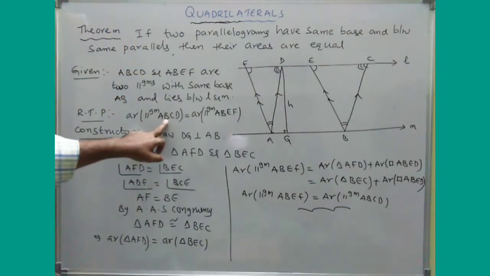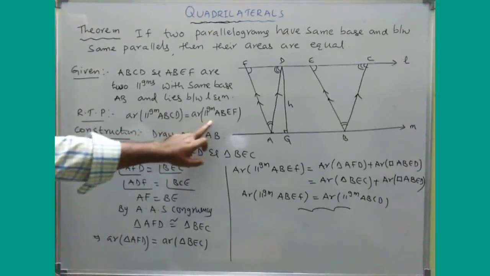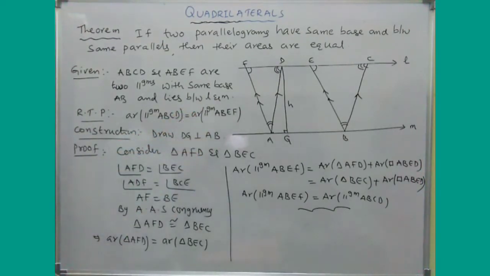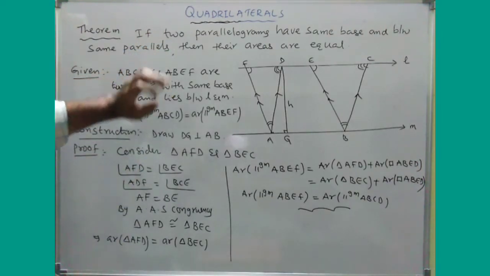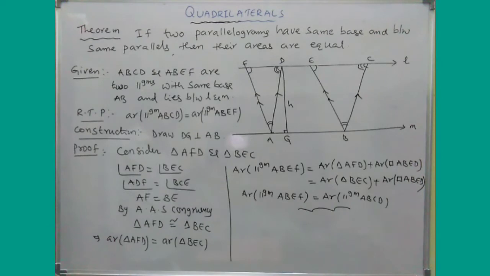So that is what we needed to prove. Okay, very important result, children. If two parallelograms have the same base and lie between the same parallel lines, then their areas are equal.